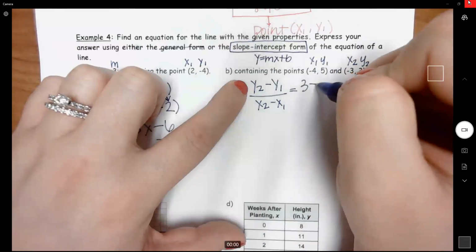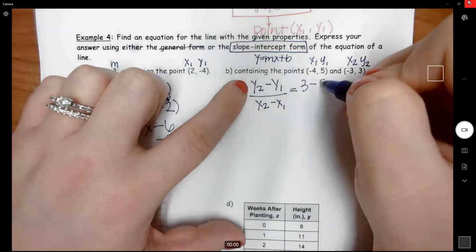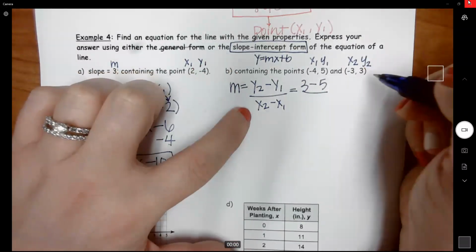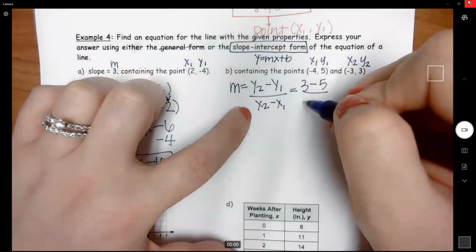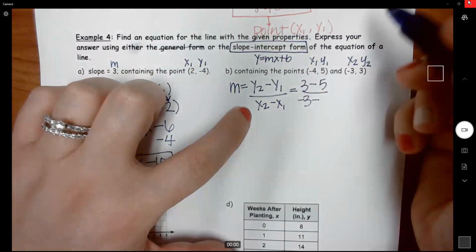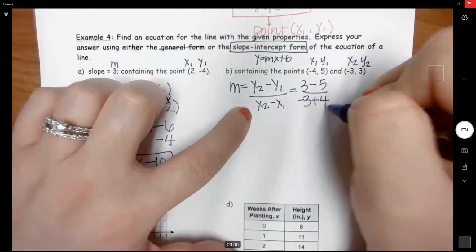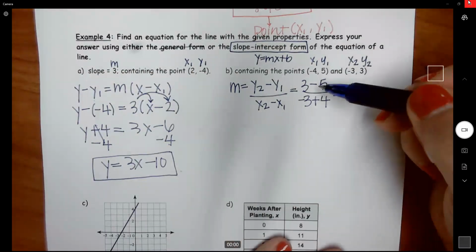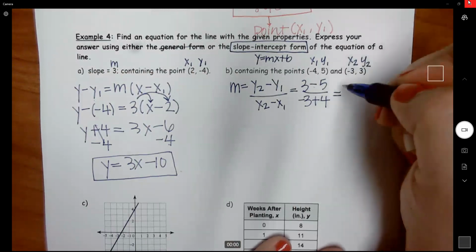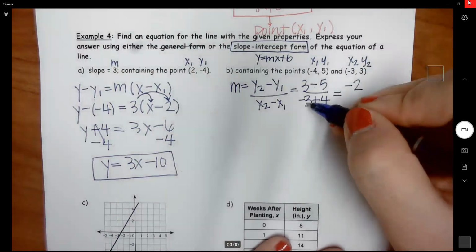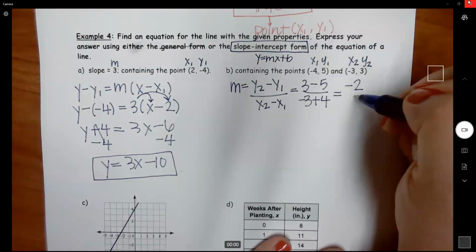y2 is 3 minus y1, which is 5. x2 is -3 minus a -4, which will turn that to a plus 4. 3 minus 5 is -2. -3 plus 4 is 1.